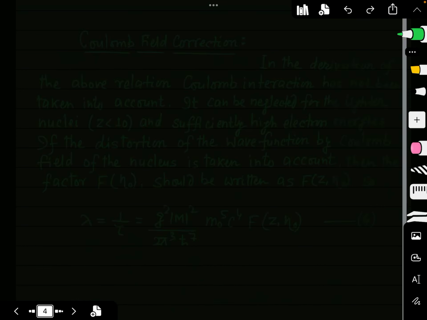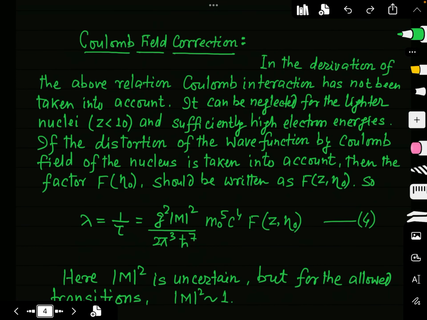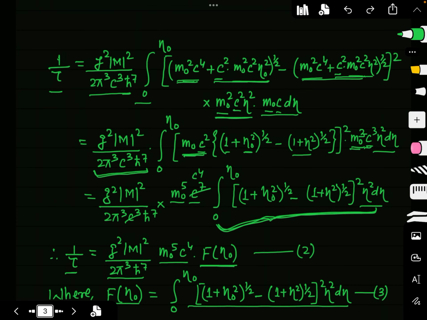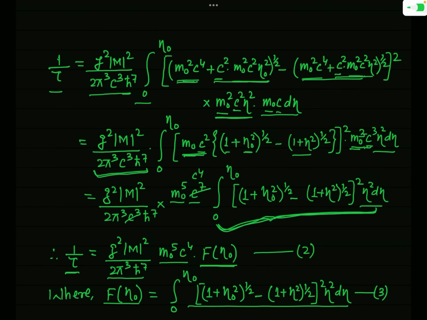Now see, when we calculated this mean life of decay of the beta particle, we did not think about the Coulombian interaction of the nucleus. But inside the nucleus there is a proton, and that proton may exert a force which is of Coulombian nature, that is, electrostatic force.